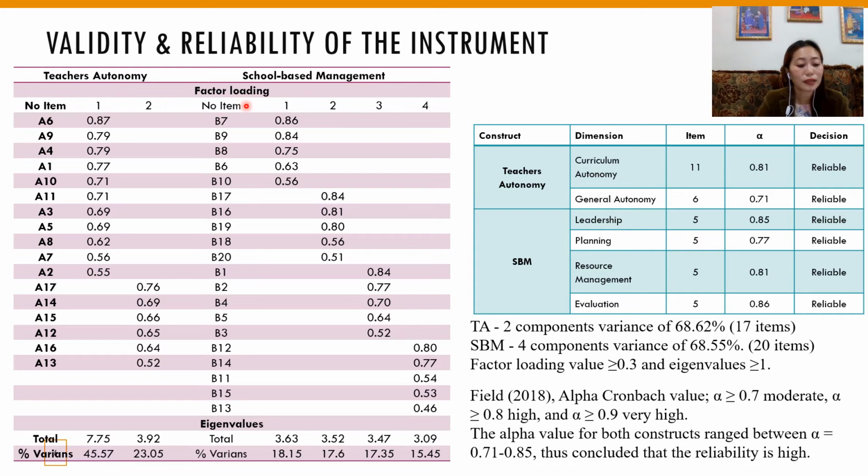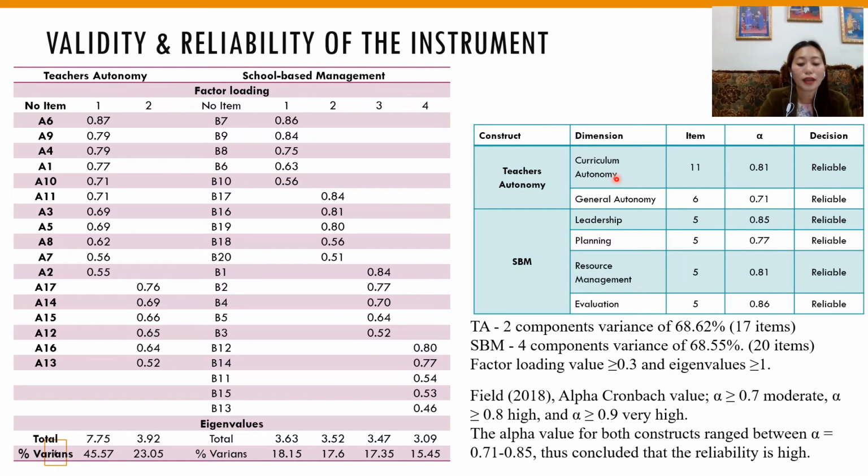The next one is school-based management. There are 4 components with a total variance contribution of 68.55%. There are 20 items, and this confirms the 4 dimensions in school-based management in this study: leadership, planning, resource management, and evaluation.